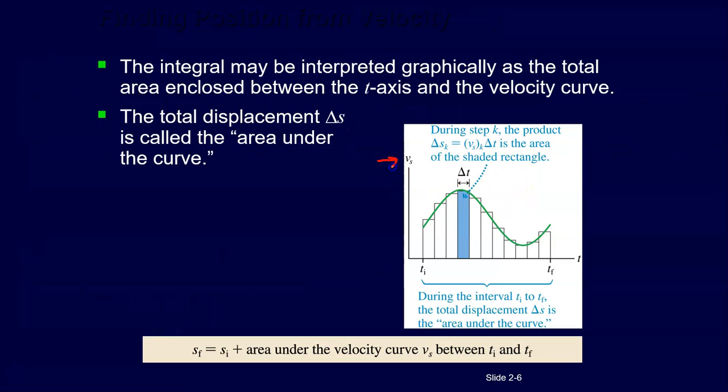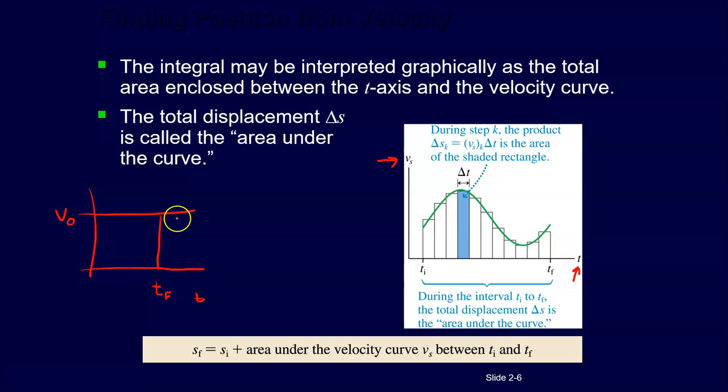And here's a graphical way to look at that. Again, here we have our velocity as a function of time. Let's imagine a very simple case: this is our velocity and this is our time, with some initial velocity that stays constant, and some total time, maybe t final over here.